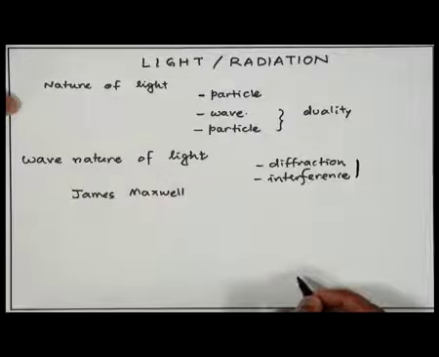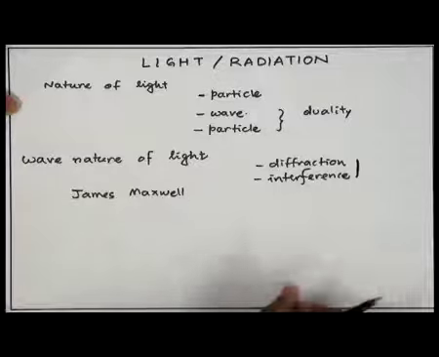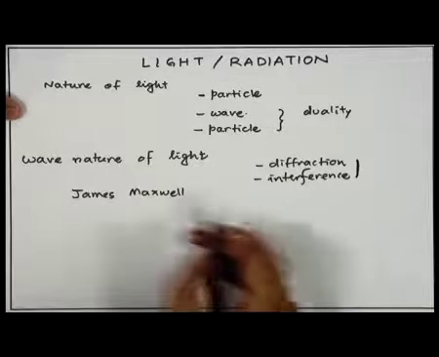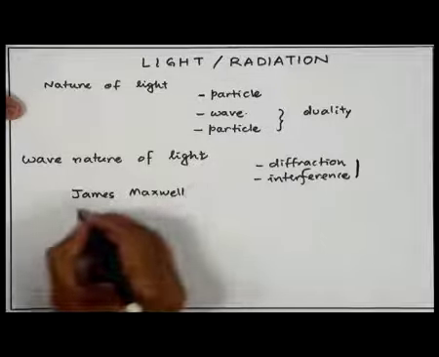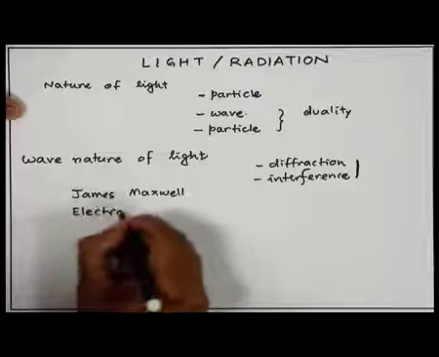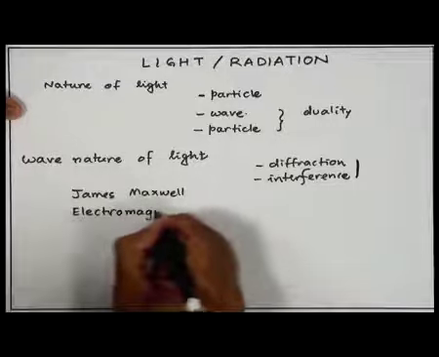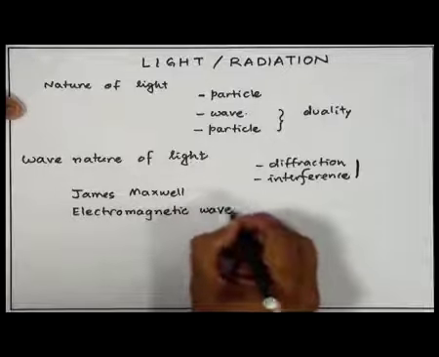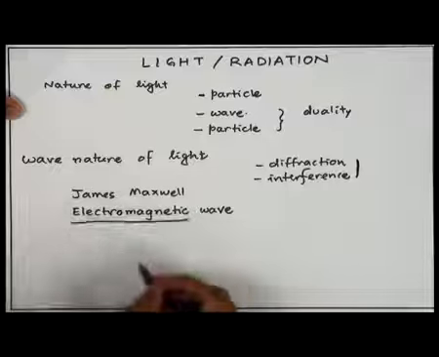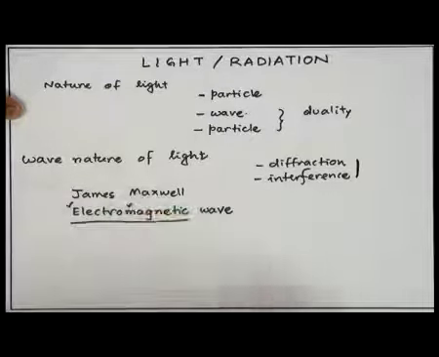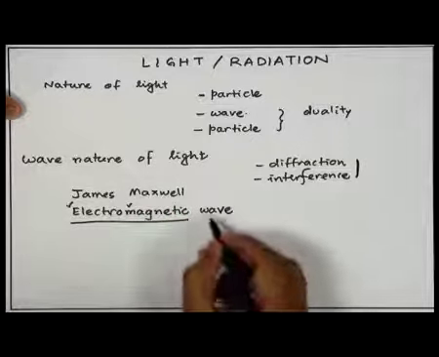suggested that, well, light is a wave, but it is a special kind of wave. It is not an ordinary transverse wave. What he called it is an electromagnetic wave. This is a special kind of wave, as the name suggests, that has an electric component and a magnetic component, and it is a wave.